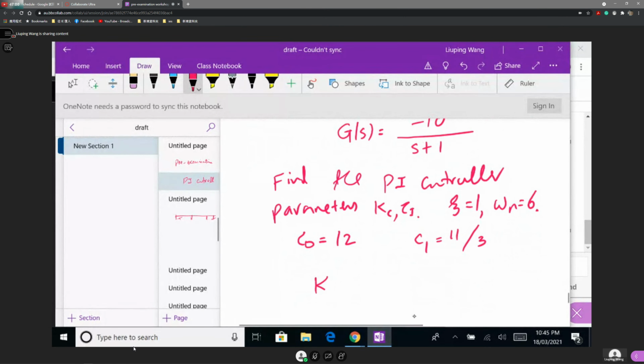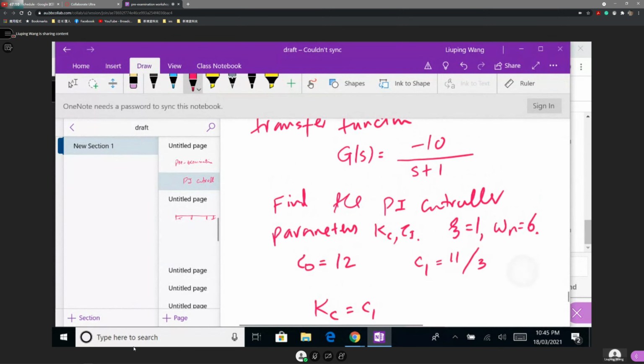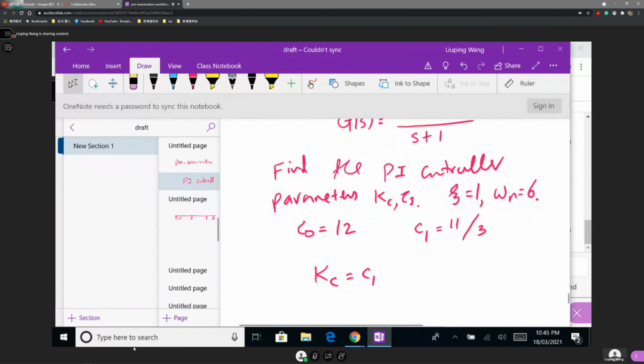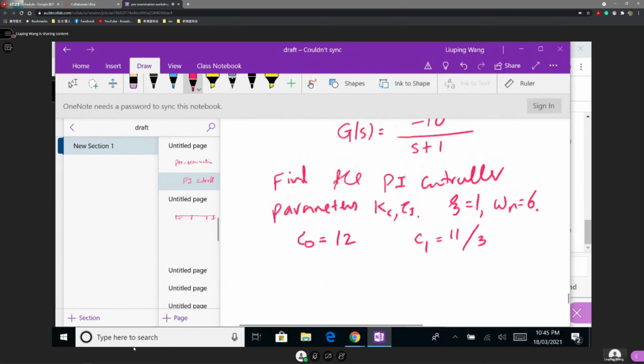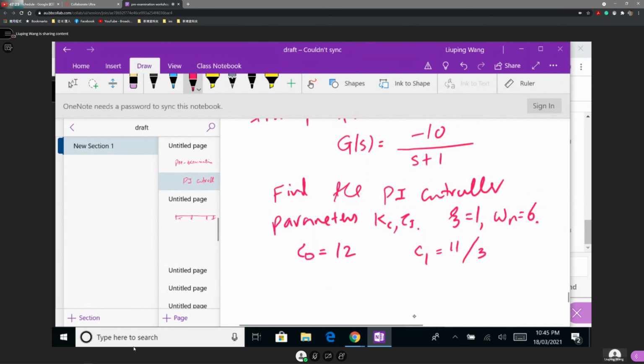So Kc then is equal to C1, right? So what do you have? It's s plus 1, right?